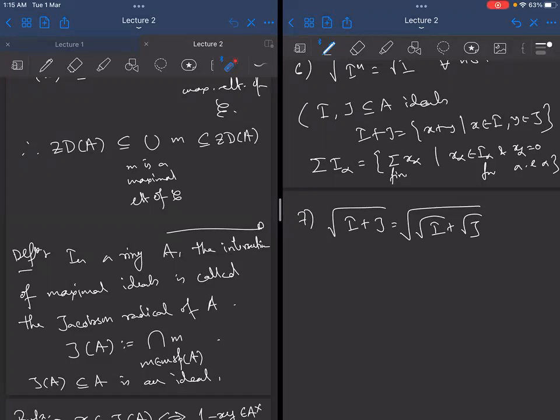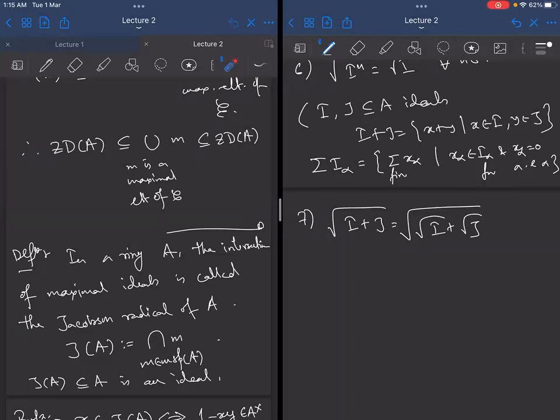And for the other side, if you take some x from the radical of radical I plus radical J, then x power some m is of the form y plus z, where y is in radical I, z is in radical J. So y power some l and z power some k are in I and J respectively. And then you do a similar trick of binomial expansion.